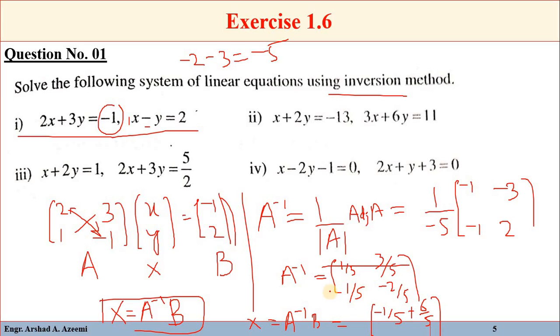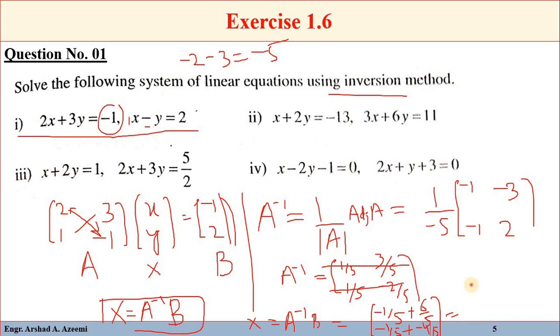Similarly, the second row with this column: 1 by 5 multiplied by -1 is again -1 over 5, plus -2 by 5 multiplied by 2 is -4 by 5.